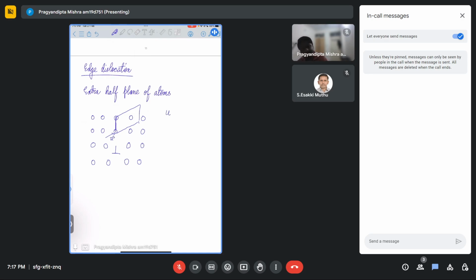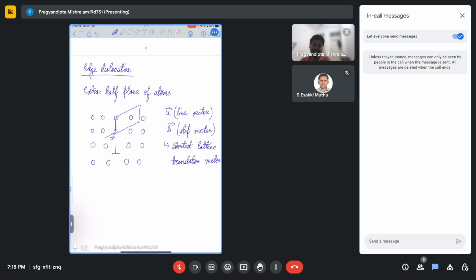So U essentially is the dislocation line vector, and there's something known as the slip vector or Burgers vector, which is known as B. Now this essentially is the shortest lattice translation vector. So what do we mean by this shortest lattice translation vector?